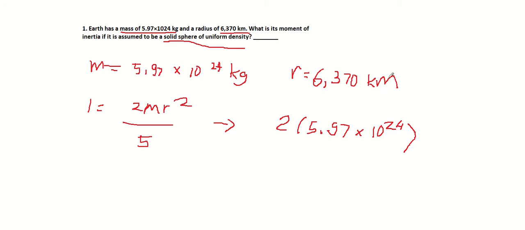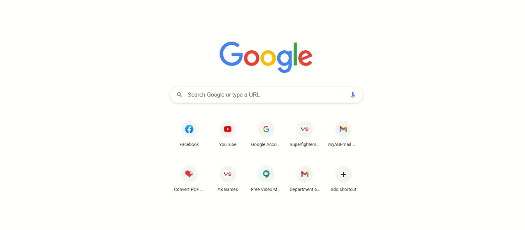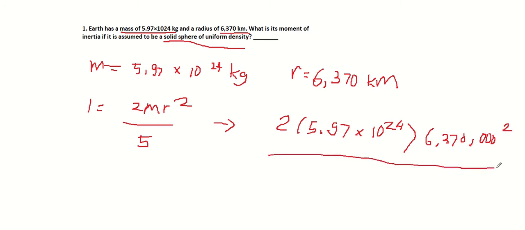Hindi natin pwedeng gamitin in kilometers, so i-convert natin into meters. So kapag kinonvert na natin yung 6,370 kilometers, magiging 6,370,000 meters. So sulat na lang natin. Raise natin sa 2. Ayan. And then, divide by 5.